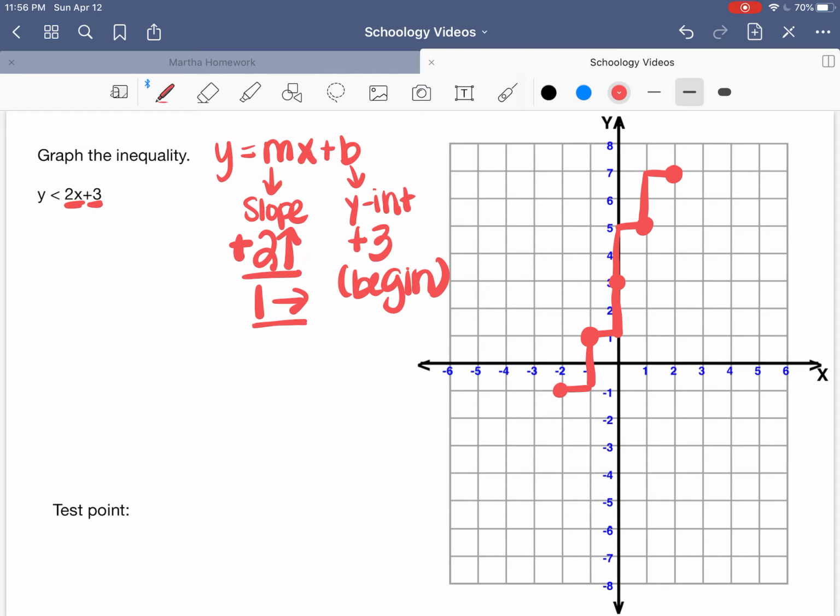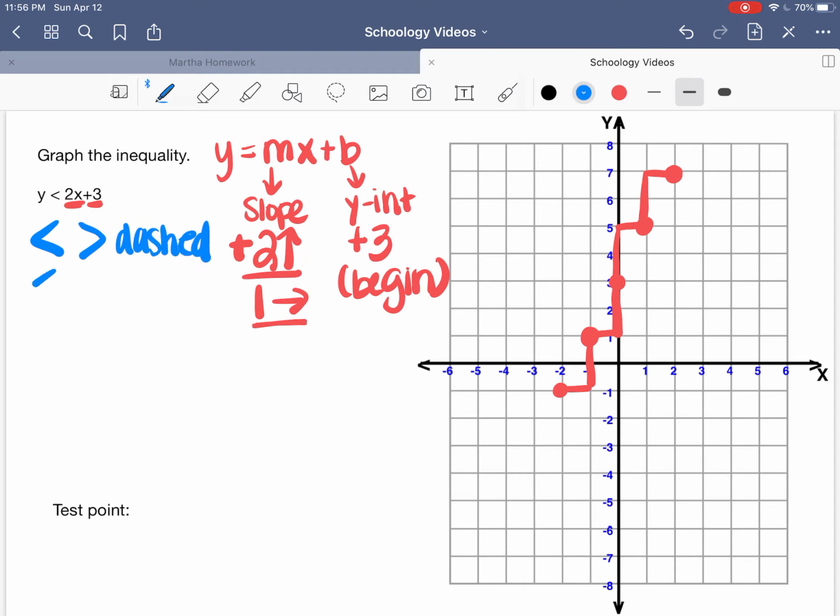All right, and how we connect our lines really depends upon what sign we were given. So at the beginning, I told you we have a less than sign. When you're given any less than signs or any greater than signs, you assume that this has a dashed line or a dotted line.